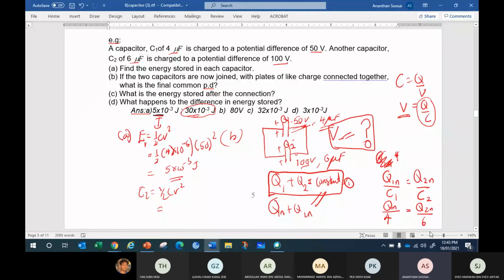So this is your second formula. Q1 new and Q2 new add up to the total charge. This is your first formula. By using these two equations, you can find Q1 or Q2. Once you know Q1, Q1 over C1 will give you the voltage.